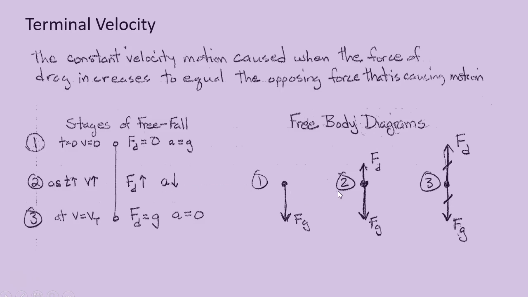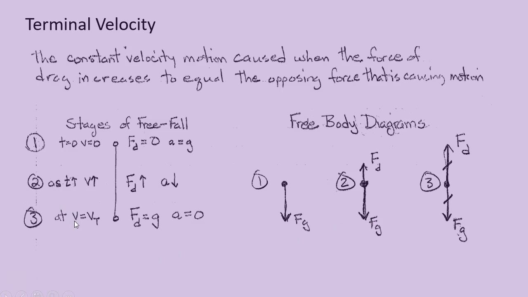If we take a look at free body diagram number 2, which matches this situation, the gravity force does not change. The acceleration of gravity does not change. However, as the object goes faster and faster, this opposing drag force does get larger. That lowers the net force, which in turn lowers the acceleration. But the object is still getting faster.